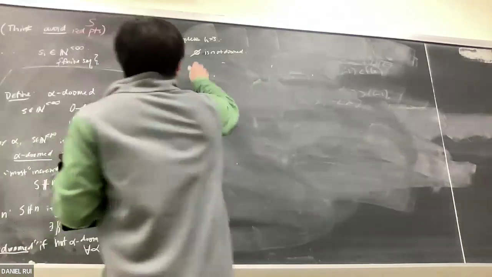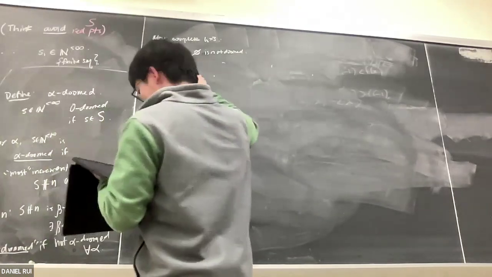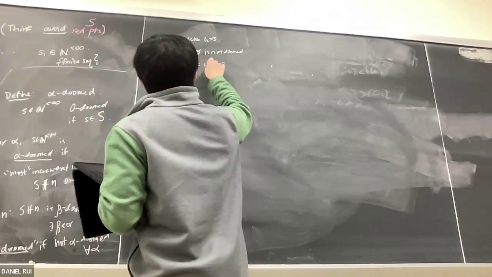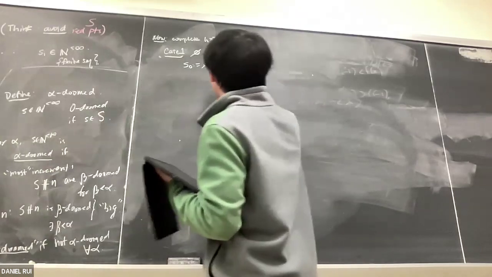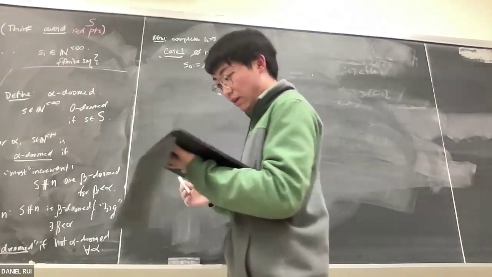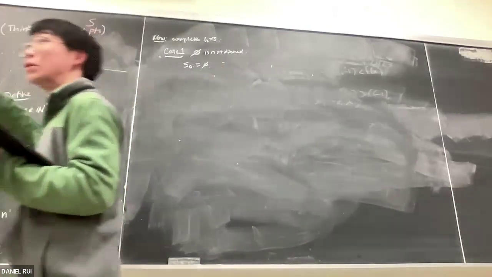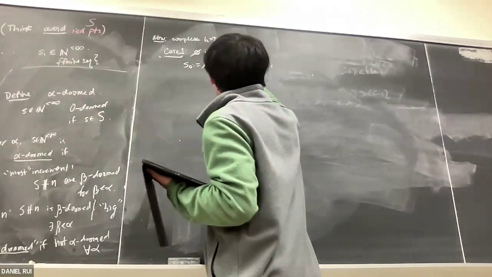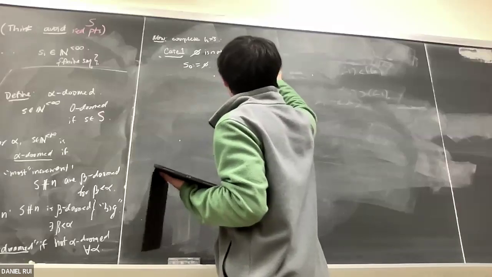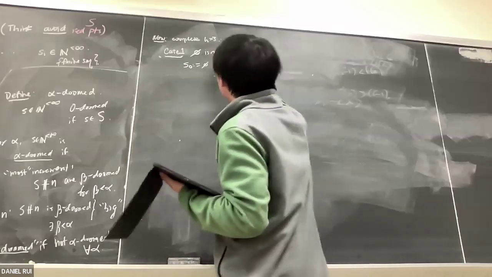Okay, so S0, I'm going to define as the empty sequence. And now suppose I have S0 all the way up to Sm, where each of them is an increment of the previous. So I'm going to prove this by induction.